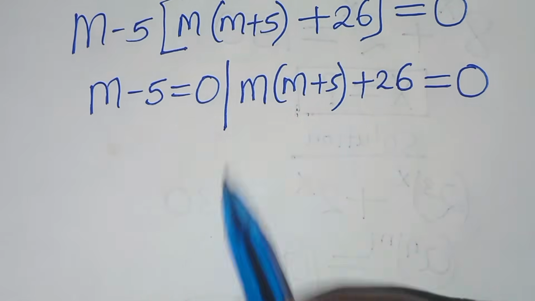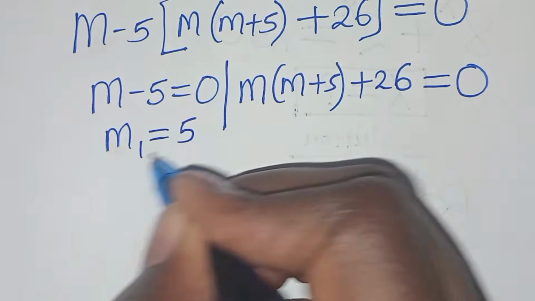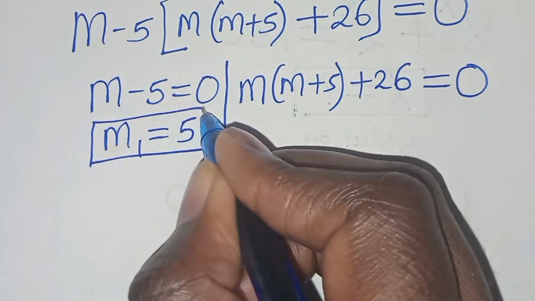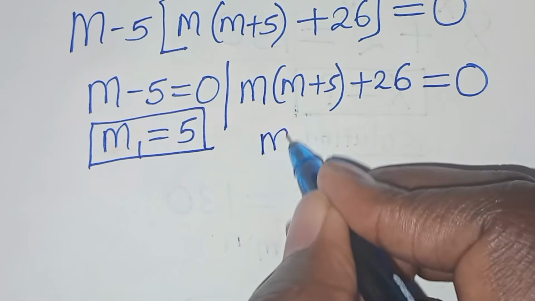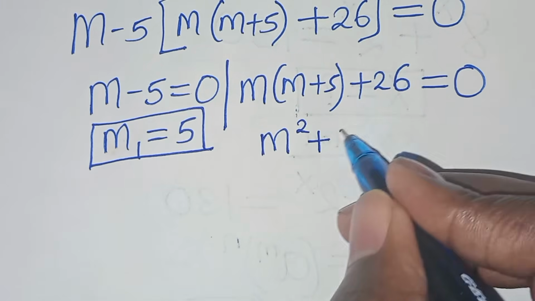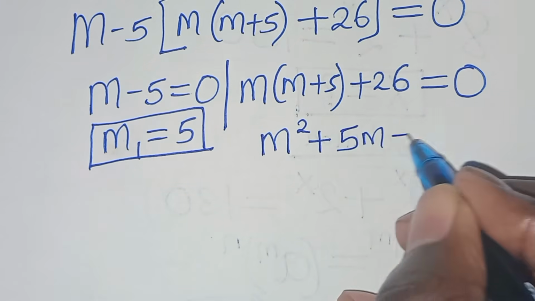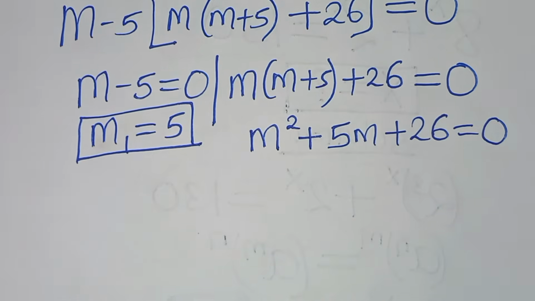So from the first part here, we have m1 is equal to 5. For the second part, we can form a quadratic equation, which is m squared plus 5 times m, which is 5m, then plus 26. This is equal to 0.